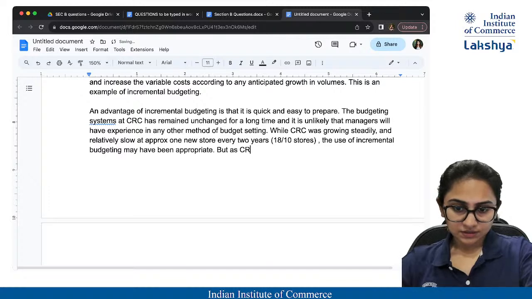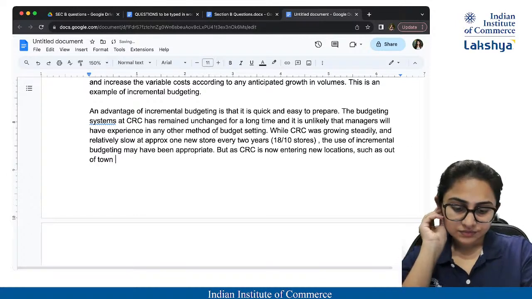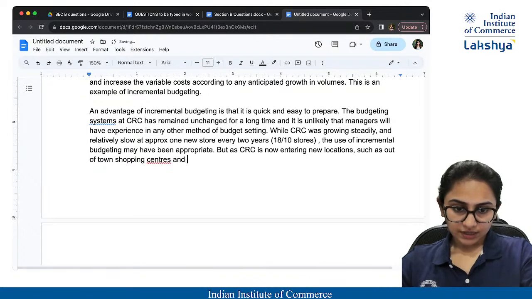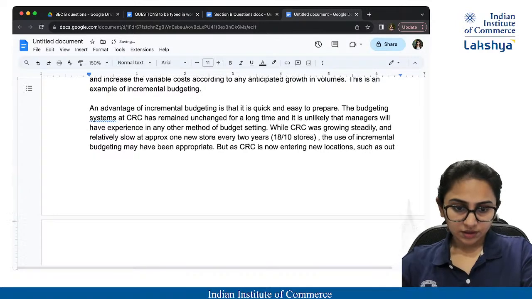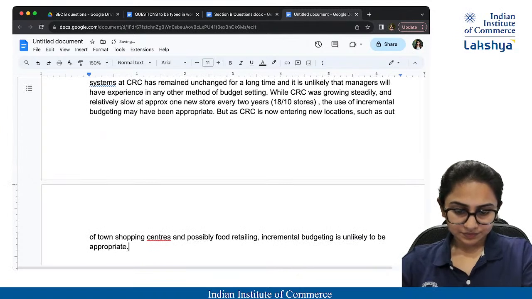But as CRC is now entering new locations, such as it's planning to do out of town shopping centers and possibly food retailing, incremental budgeting is unlikely to be appropriate.